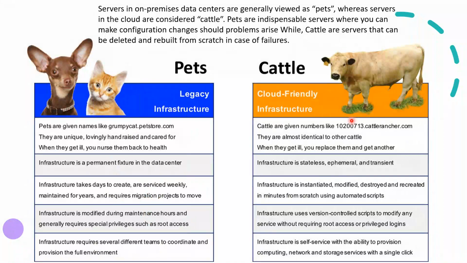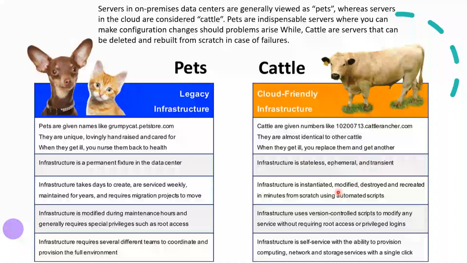Whereas the systems in the cloud, currently in the DevOps model, are considered as cattle, just like how cattle are treated, right? We give a quantity to the total number of cattle. We don't have specific names. So when they get ill, we replace them. We get another set of cattle to serve the purpose.